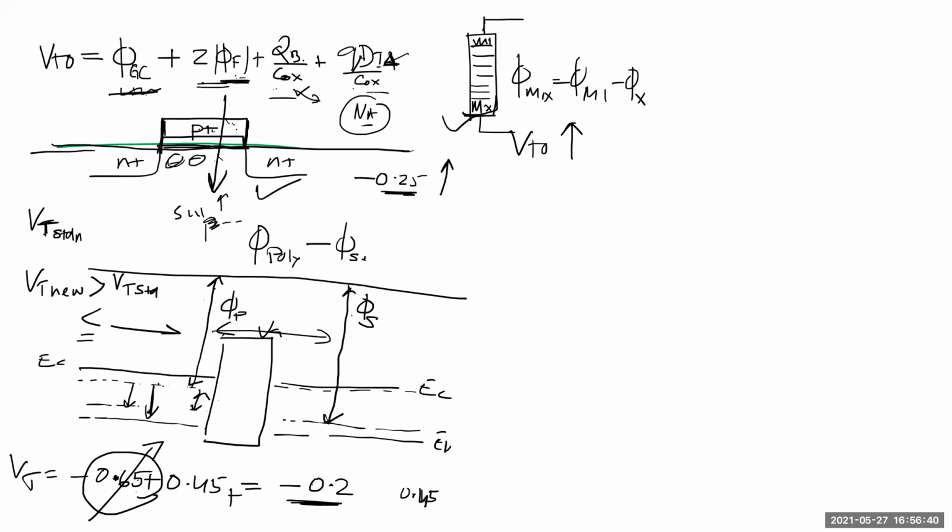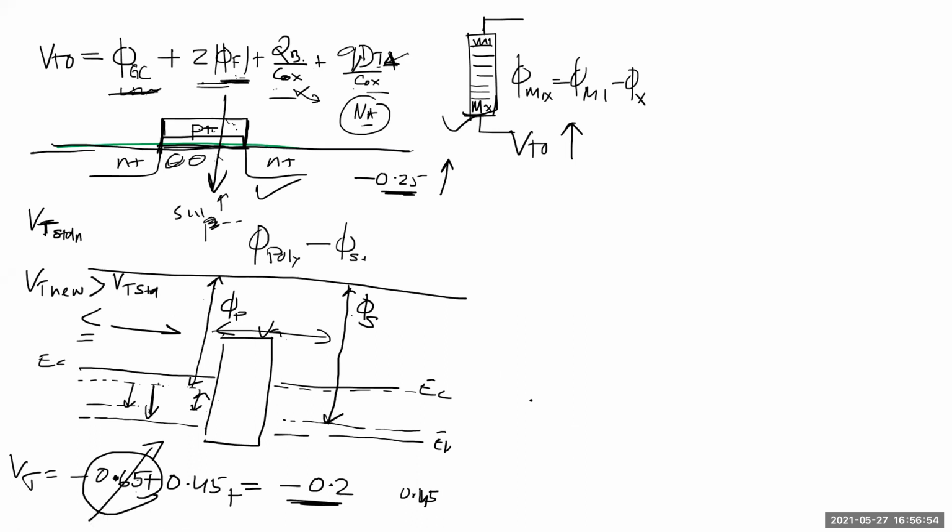Well, if you dope it with a P plus, then you remember the band diagram, right? This is the conduction band, this is the valence band, this is your intrinsic Fermi level.